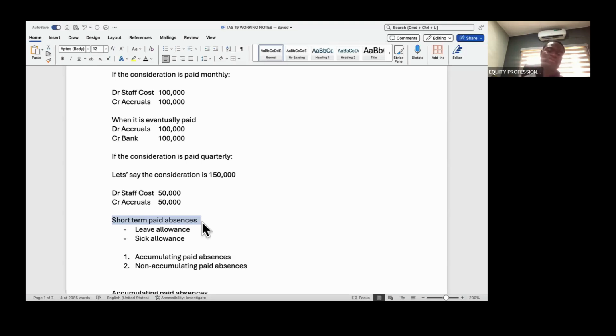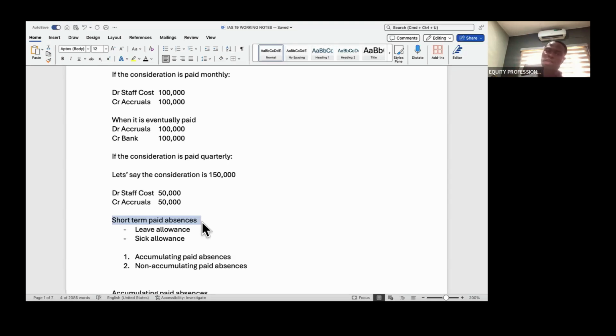Okay, so in accounting for that, you would only account for a non-accumulating paid absence if the employee takes a leave. If the employee does not take the leave, it won't even pass your books because you won't have any obligation. But the one that is accumulating, you would have an obligation.